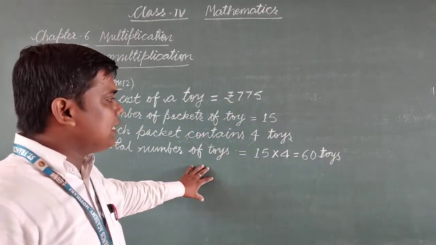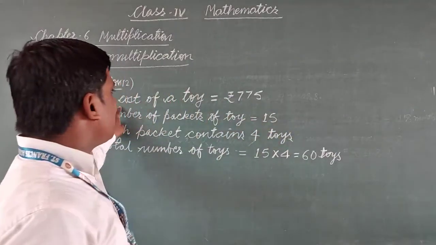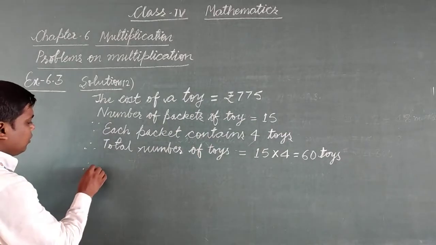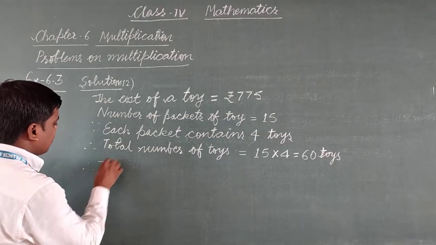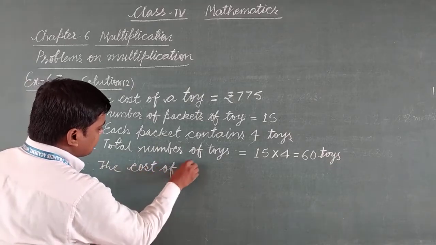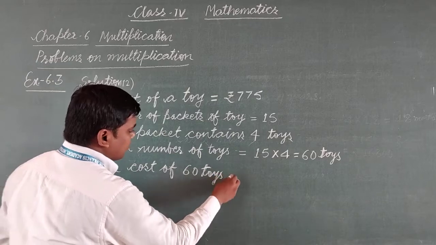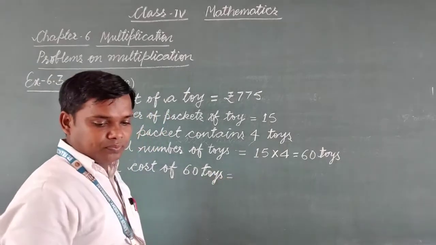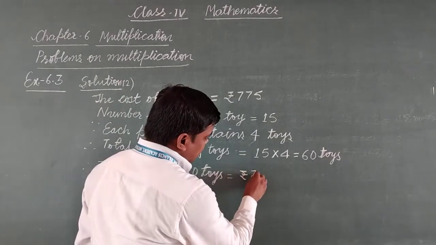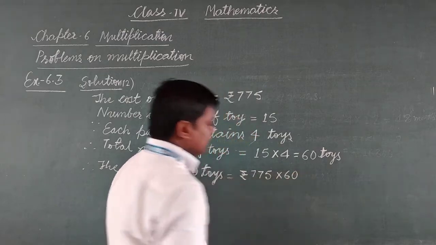Now we have to calculate the cost of 60 toys. We have cost of 1 toy given. So we will write, therefore the cost of 60 toys is equal to rupees 775 multiplied by 60.